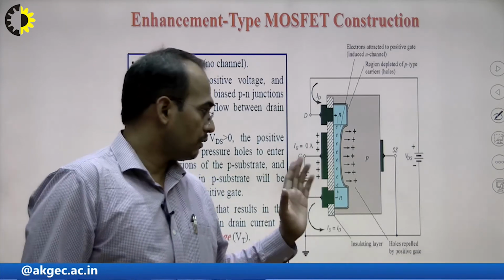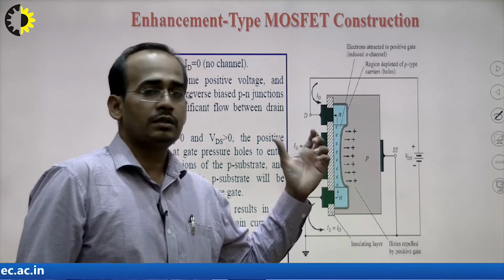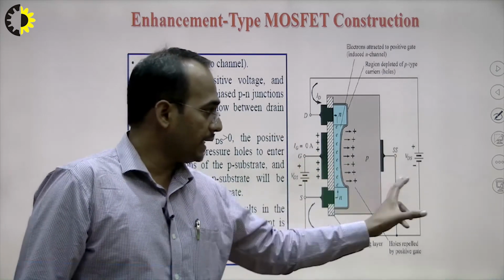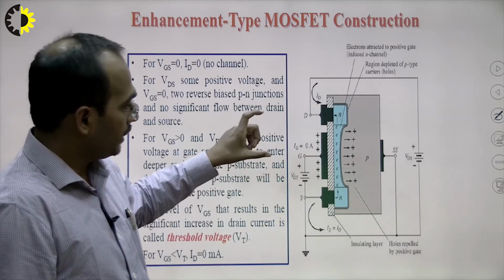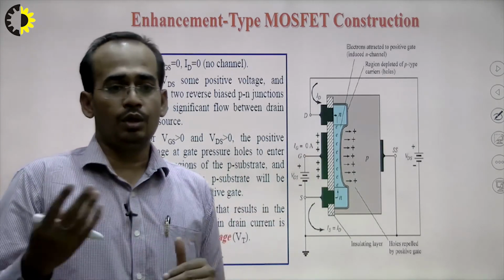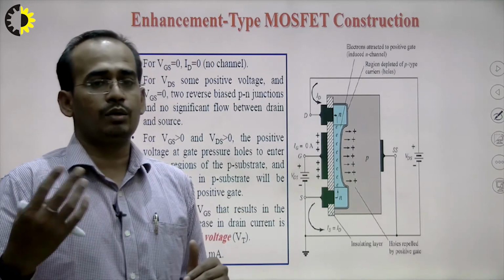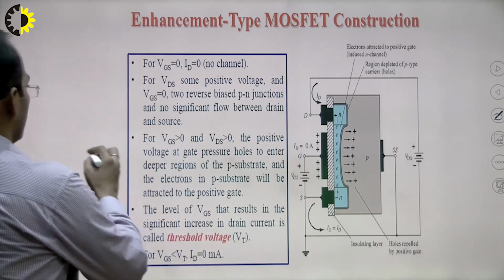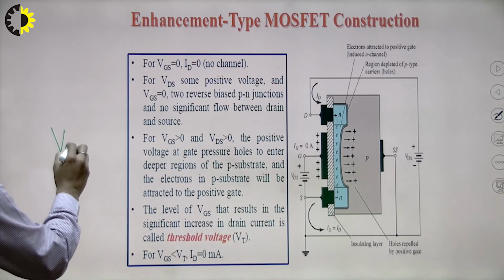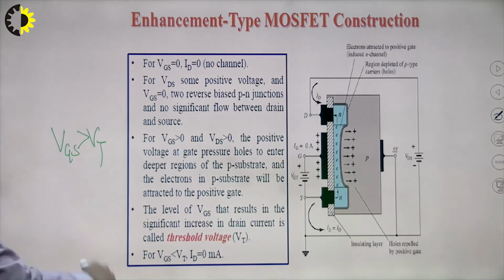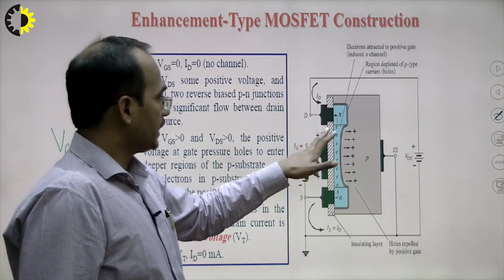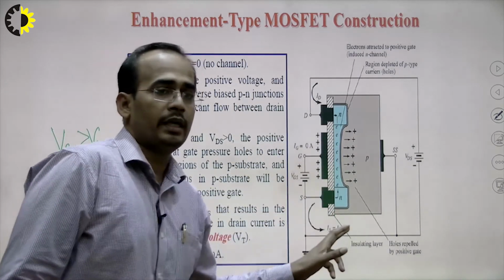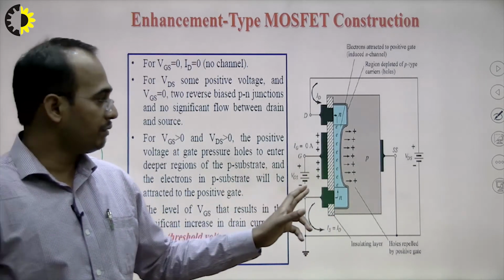I will keep that VGS constant and start increasing the drain to source voltage. At VGS equal to VT or greater than VT, the charge carriers will start accumulating here, and a path will exist.